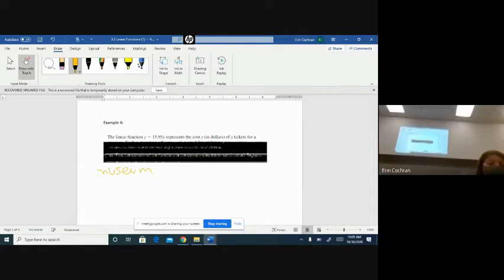Each customer can buy a max of 4 tickets. Okay. So obviously we know this is linear because doesn't it state that it's linear? Yes. Okay. Now, is this going to be continuous or discrete?